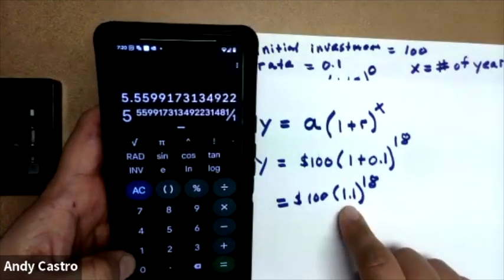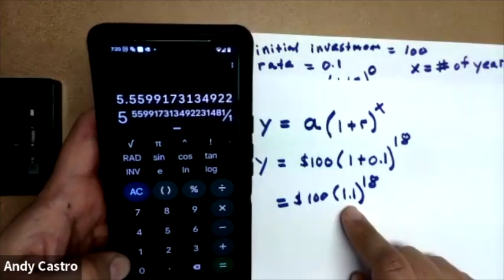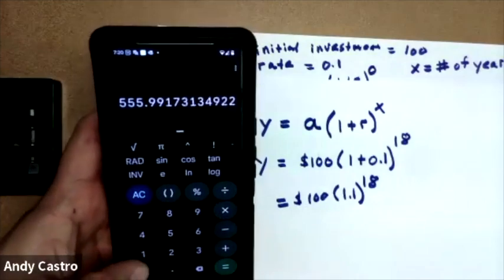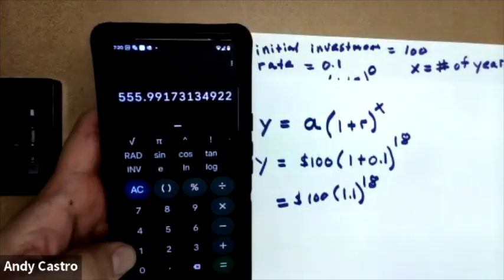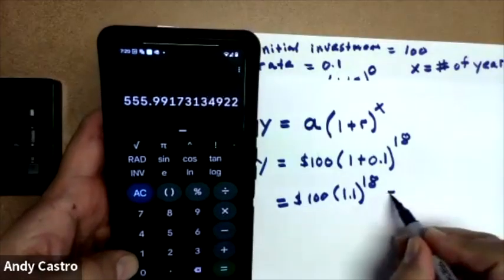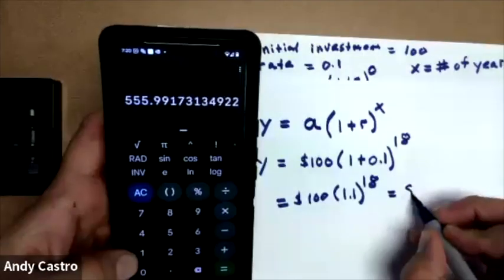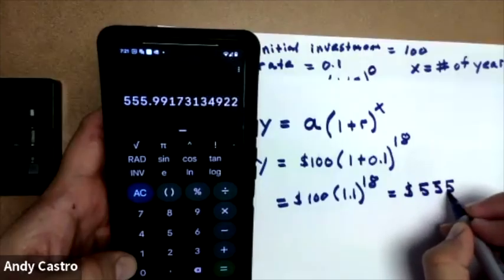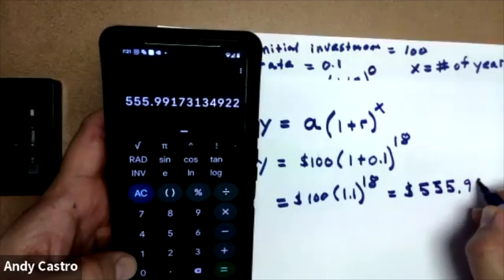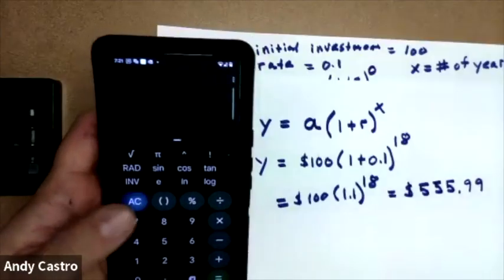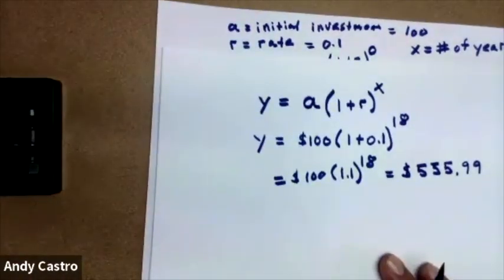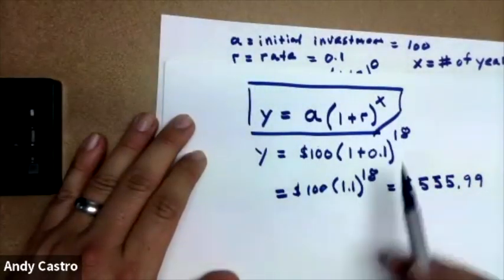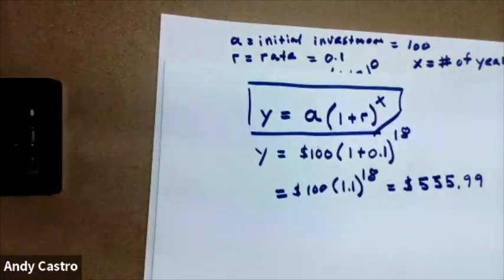Now I'm going to take that number, which is 5.55991, and I'm going to multiply that by $100. All right. So that initial investment of $100 in 18 years grows to $555.99. And that is a lot easier to calculate than figuring out after every year what my final value is.